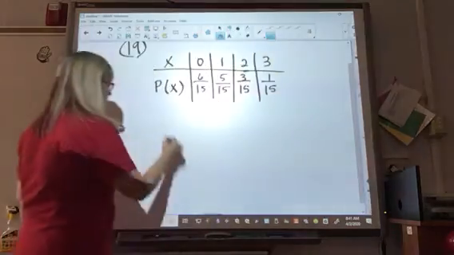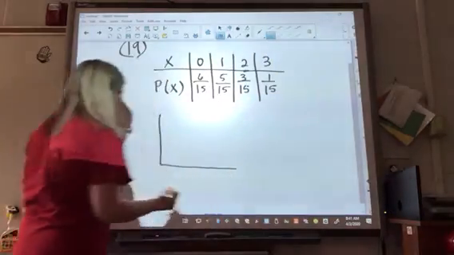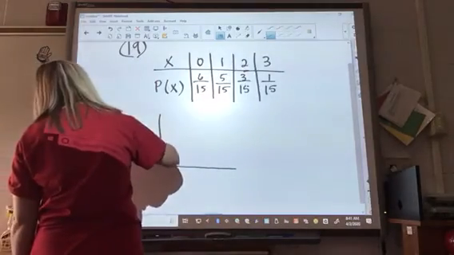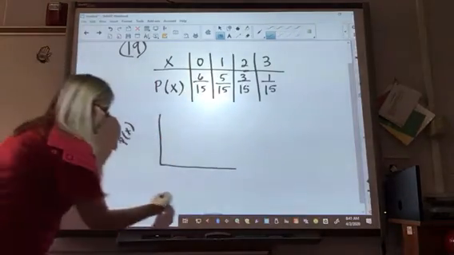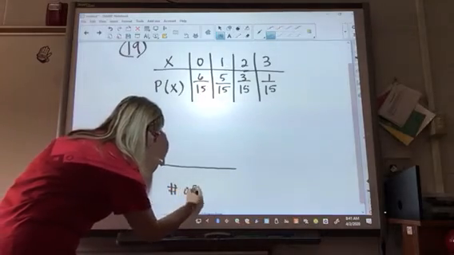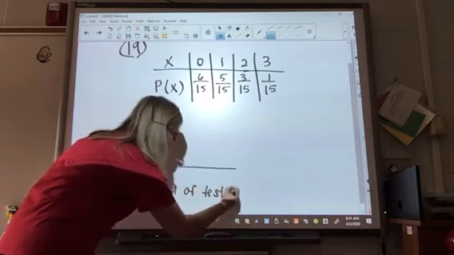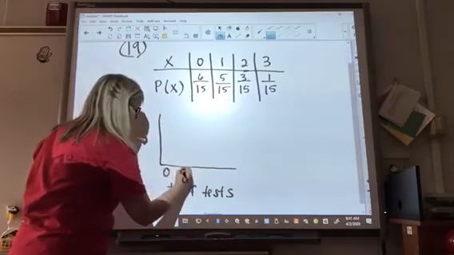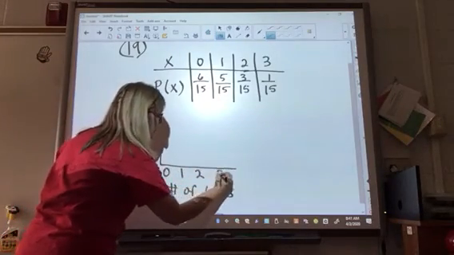Okay. All right. What we're going to do now is draw something that looks like a bar graph. This is going to be your probabilities. Okay. And this is going to be your number of tests. So across the bottom, I have 0, 1, 2, and 3.